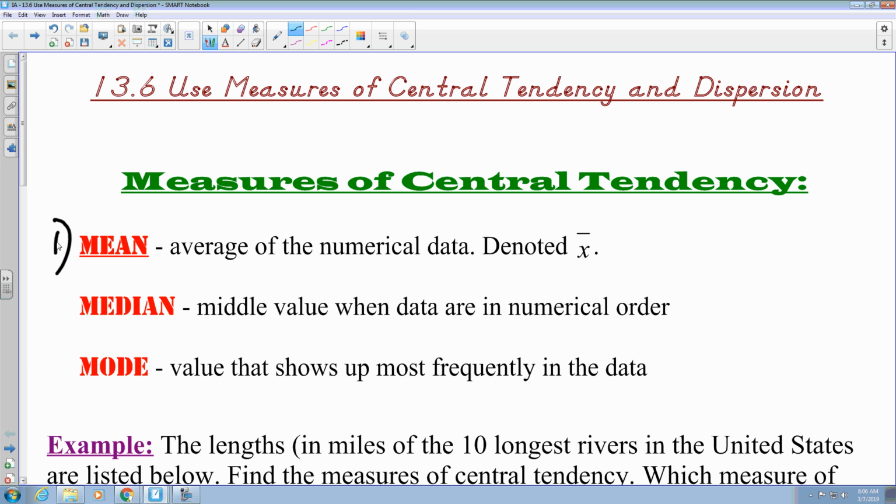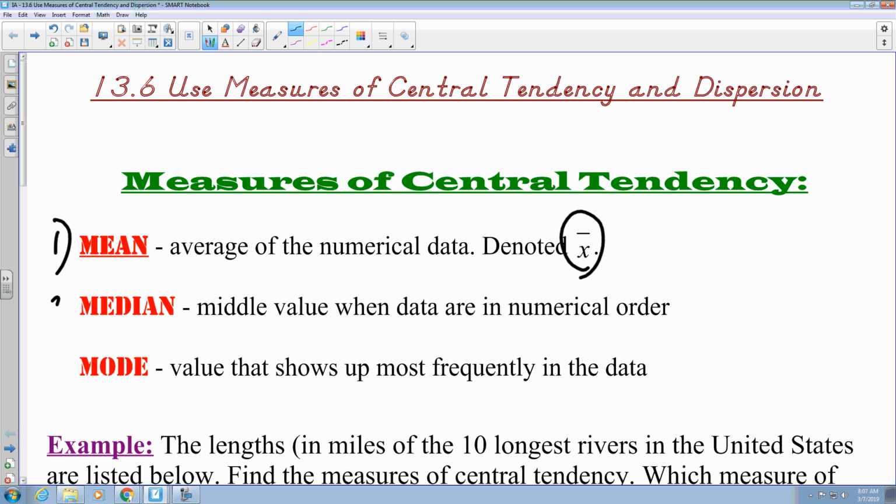It's denoted as x with a horizontal line segment right above the variable. So if you ever see that, they're talking about the mean of the data set.